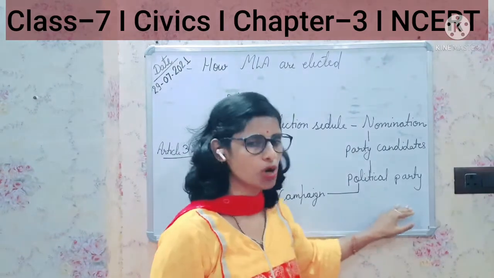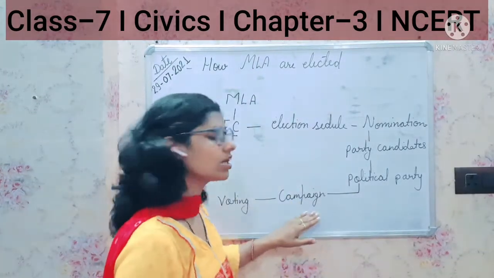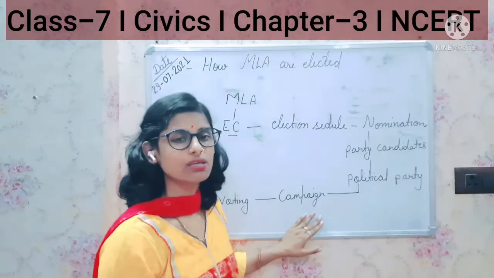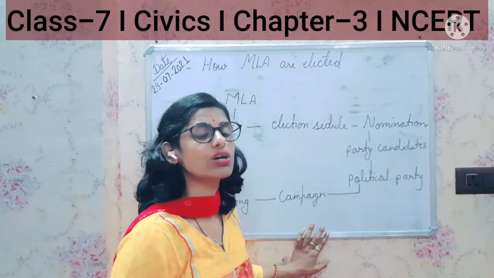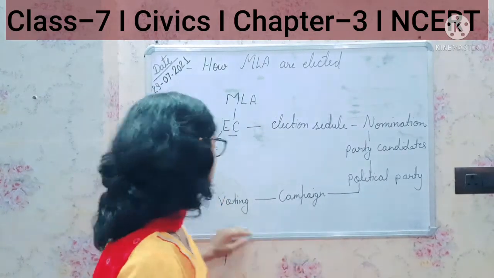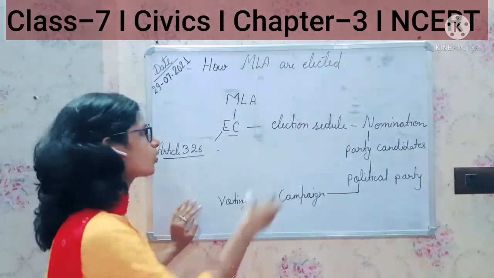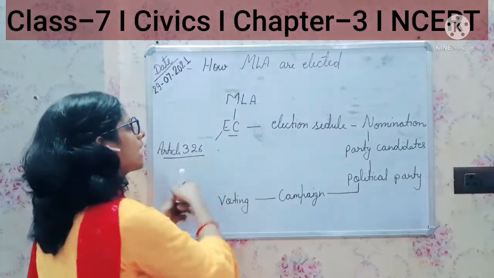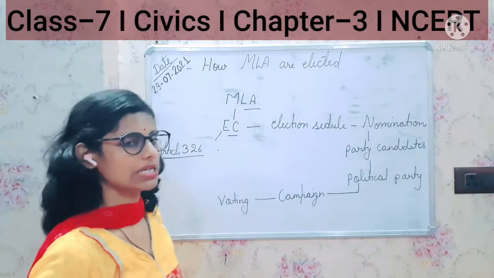Later, the political party does a campaign in the state so that people get to know who the candidates are that they are going to elect, and later the people cast their vote. By this process they elect the MLAs, and this is the process of electing the MLAs.